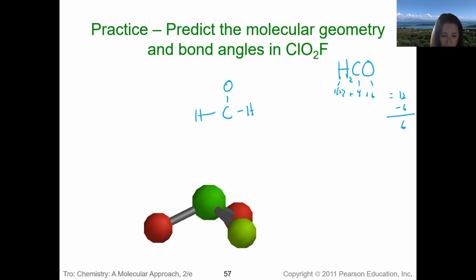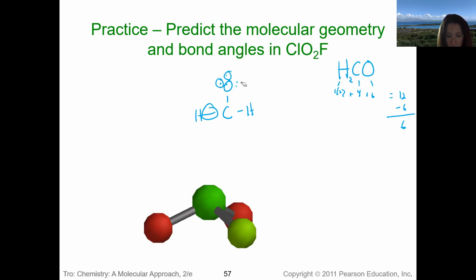So we use 6, so we have 2, 4, 6. I feel like I've done something wrong here. I can add. See? All right. So when we do this one, we've got 2, 4, 6, 8, 10, 12.